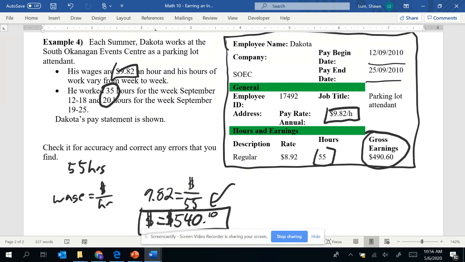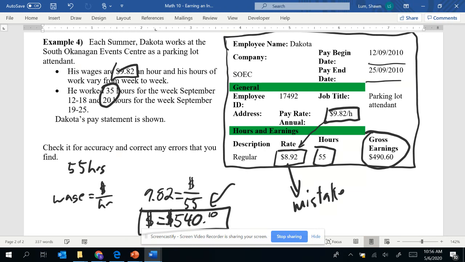That's good right there. And here it looks like when this transferred over, the person who typed in the wage, instead of writing 982, wrote 892. Okay, so they typed in the wage incorrectly. This number is wrong. And so this part right here is the mistake.